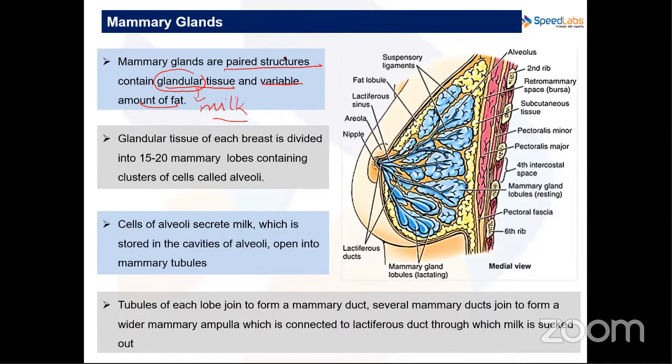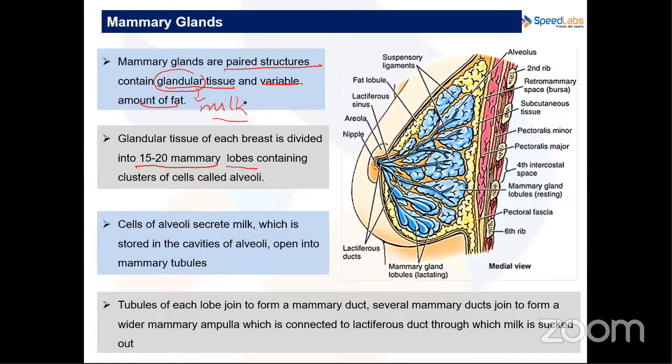Okay. So now this is one portion of the mammary gland magnified. The glandular tissue of each breast is divided into 15 to 20 mammary lobes. So there are 15 to 20 mammary lobes in each breast. And where are those lobes? You can see over here.